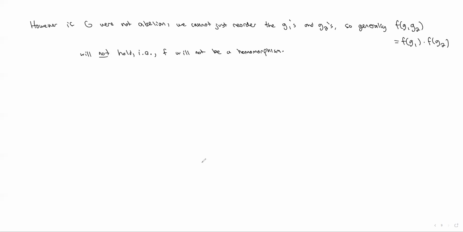And here's actually a result that doesn't use the word generally in it. So it actually says f will not be a homomorphism if G is not abelian in the case where n equals 2.